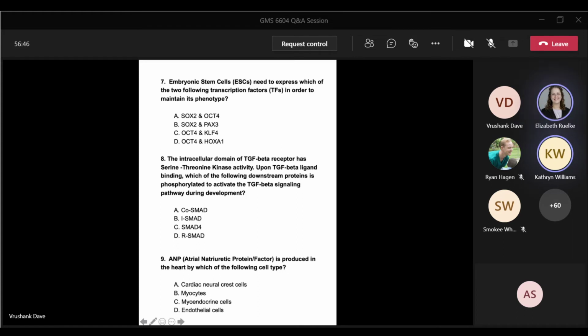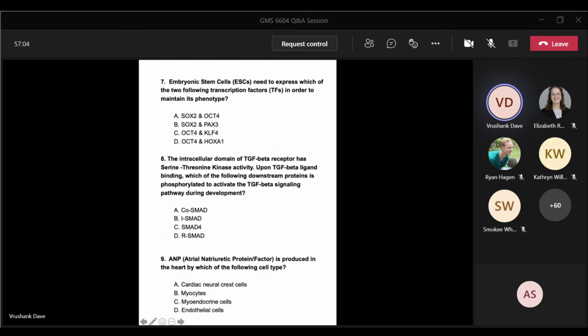I can read it, but I don't know the answer. So, embryonic stem cells need to express which of the 2 following transcription factors in order to maintain its phenotype. Yes. So you have to maintain pluripotency, right, or totipotency, basically.